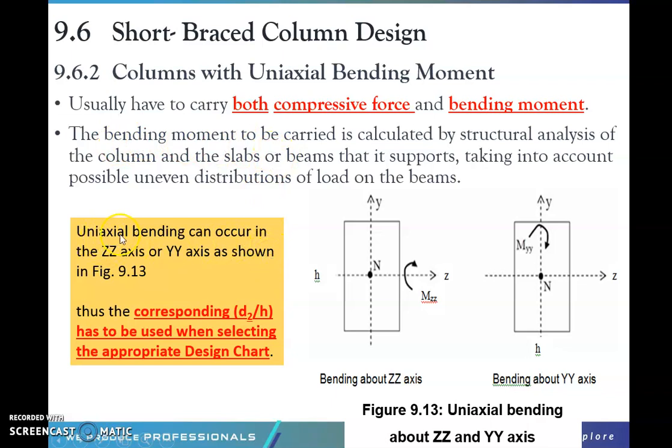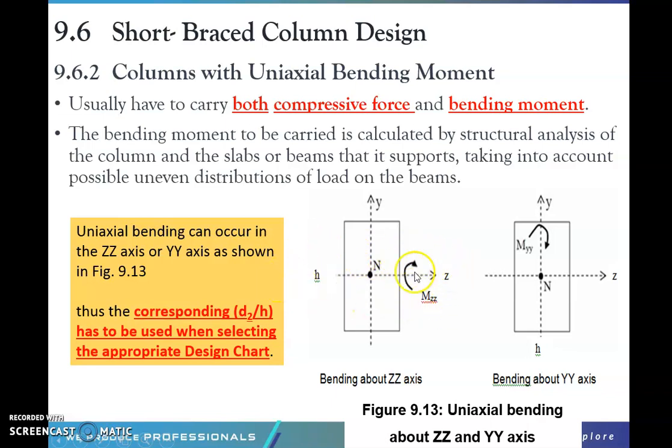Okay, the uni-axial bending can occur in the ZZ axis or in the YY axis, seperti ditunjuk dalam figure ini. Thus the corresponding D2 over H has to be used when selecting the appropriate design chart. Let's say we are using MZZ, moment dekat ZZ direction. So corresponding H adalah dekat bahagian yang relate dengan MZZ.